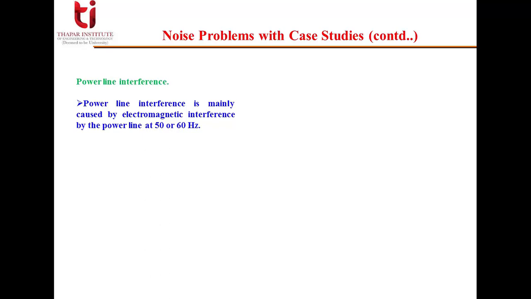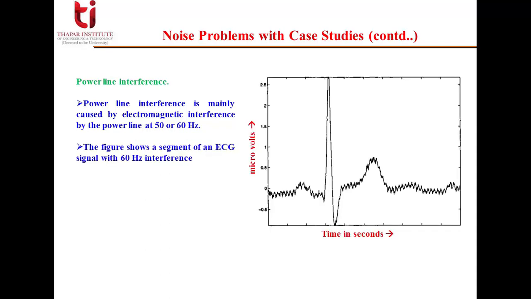The cables or leads we use in recording act as antennas and catch that electromagnetic noise, and that interference gets recorded and added to the biomedical signal. So we always get a 50 or 60 hertz power frequency hum along with the signal. Also, you can see in this figure an ECG signal with 60 hertz interference.